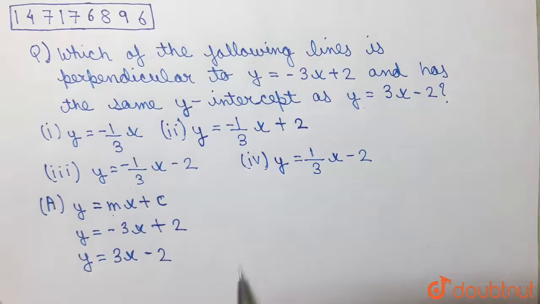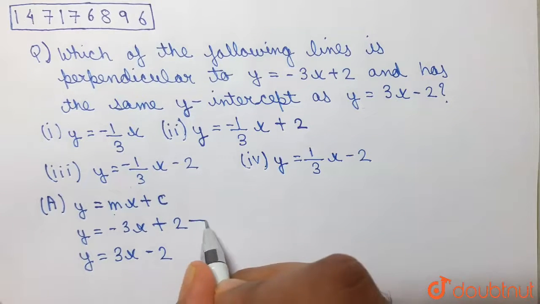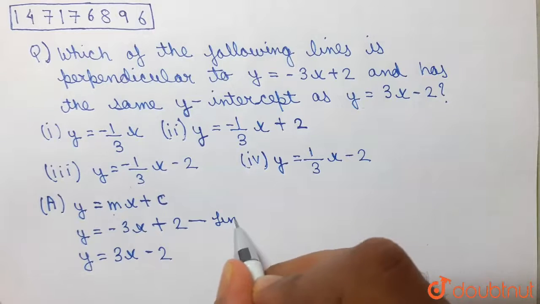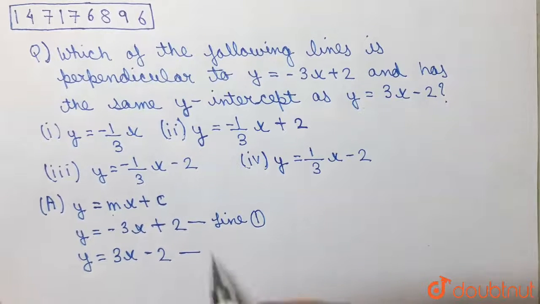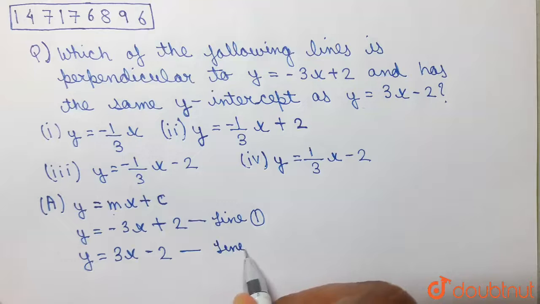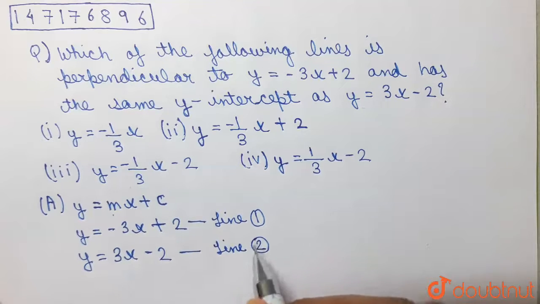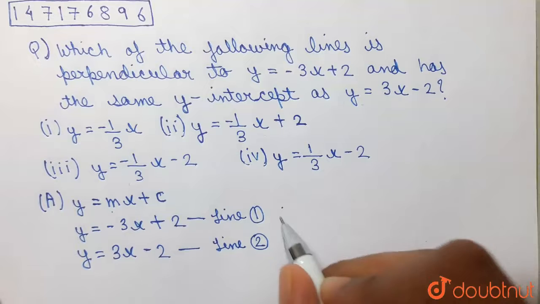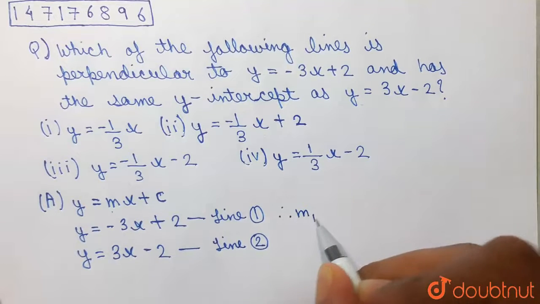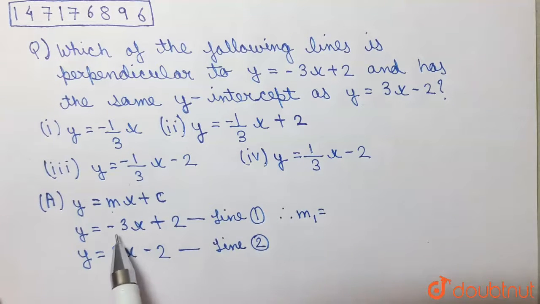So let us call this one line 1 and let us call this line 2. So we can write that the value of m1, that is the slope of line 1, is minus 3, comparing with the standard form.